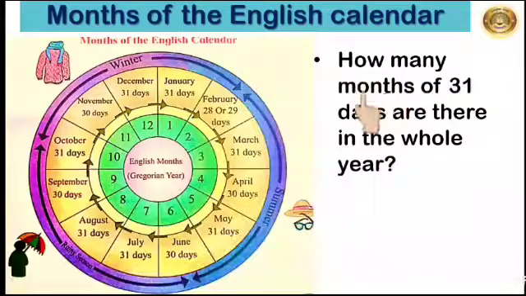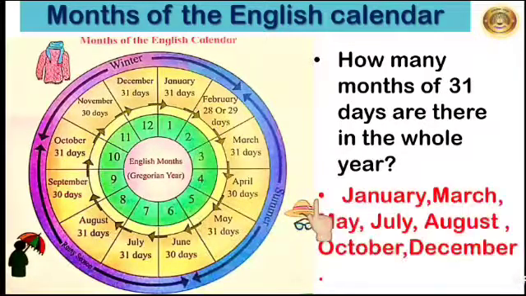How many months of 31 days are there in the whole year? In this whole year, how many months have 31 days, children? Yes, except those 4 and February, we have January, March, May, July, August, October and December.